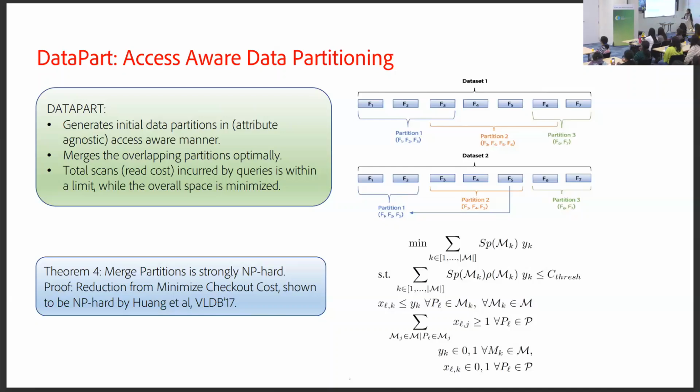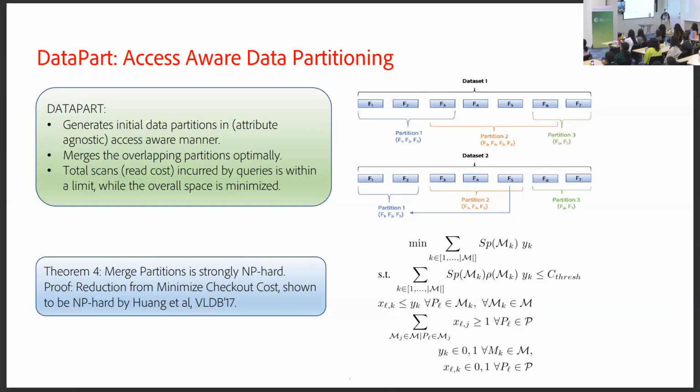So in that case, we wanted to solve this problem where we come up with an optimal set of partitions which will minimize the storage space that they take, but at the same time keep the total read costs for this data under a certain bound, because compute is often more, what can I say, the pain point for enterprises, even more than storage. So compute was sort of the hard bound for the read costs, and we wanted to minimize the storage space. So this is what we did.